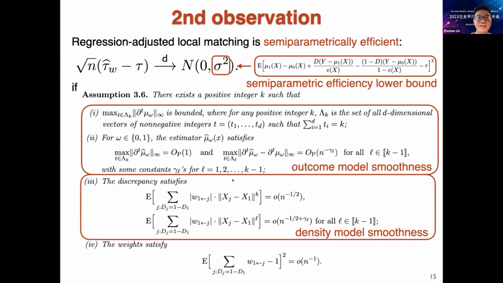It tells us why we need local matching instead of global matching or global methods for imputing the missing value. So if we use nearly uniform weights for all the units in the opposite group, then this term will be of constant order, because there will always be a large number of units in the opposite group with a constant distance to the unit we are interested in.